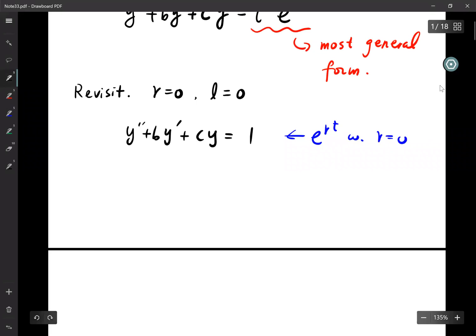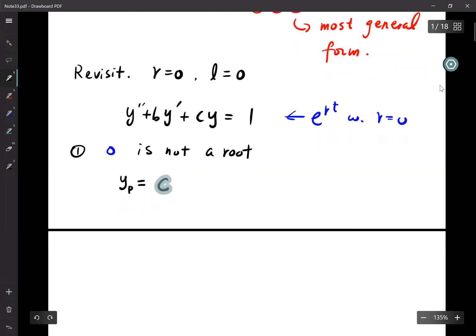So we have discussed the previous three cases. One is 0 is not a root. If 0 is not a root, I should really guess the particular solution yp to be just a constant, let's call it C tilde.